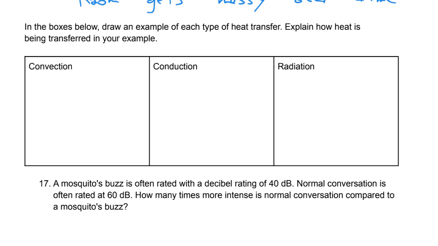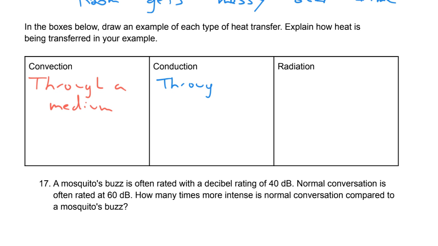All right, heat transfer, so convection. This is through a medium. And it's typically air. It could also be water. So, just like a fan blowing heat. Conduction is heat transfer through touch.